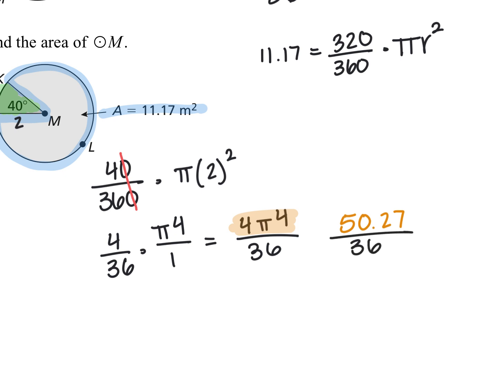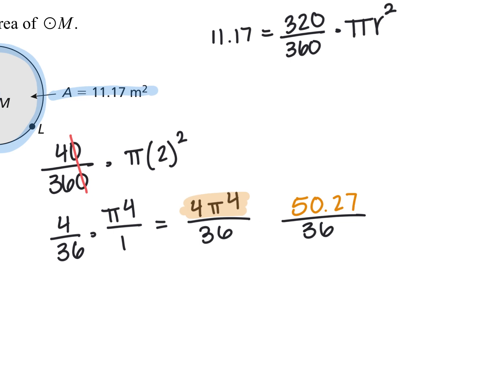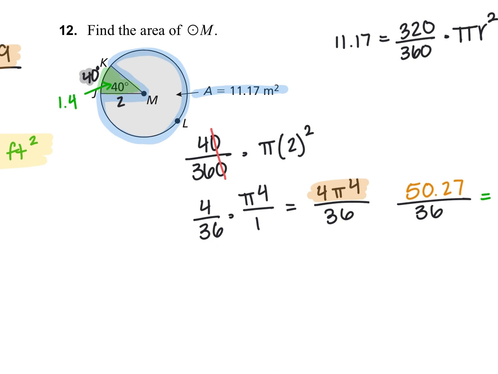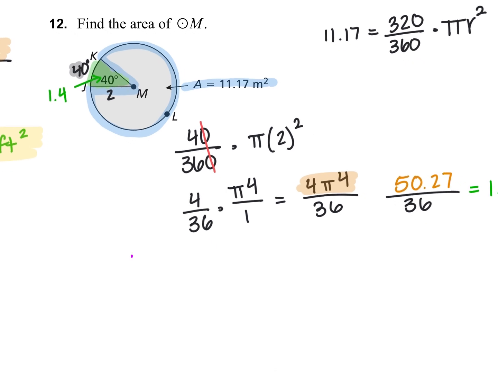And if you solved it correctly, that green piece is going to be 1.4. So this right here is 1.4, but they're asking you for the total. So lastly, 1.4 plus 11.17. That's going to give you your answer. The area of this shape equals 12.57 meters squared.